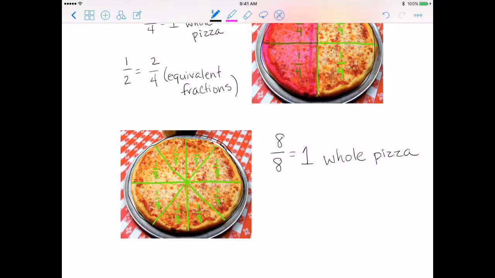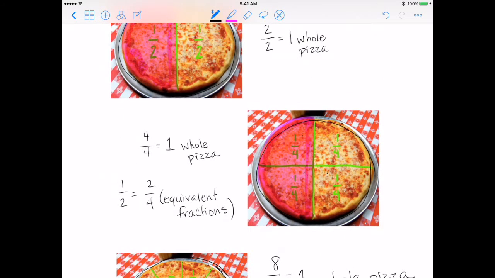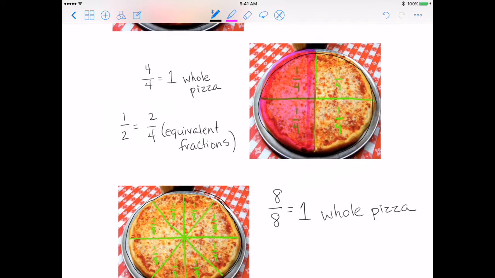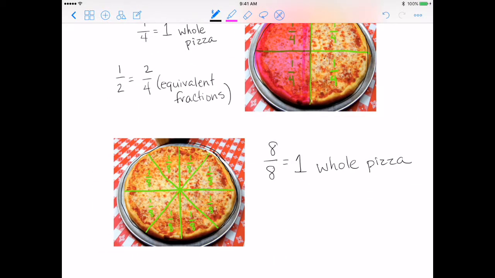But I also want to see how many 8ths do I need to be equivalent to the 2 1/4 pieces that make up half of my pizza. Well, if we want it to be equal, and it will be, we would have to take out 4 1/8 slices, and I'm going to color the other side this time.